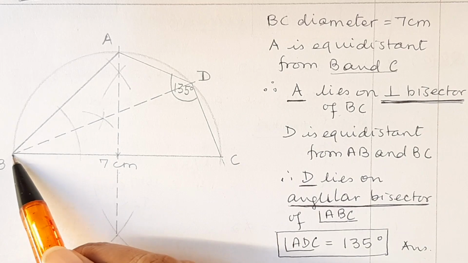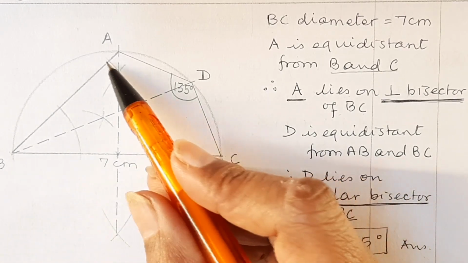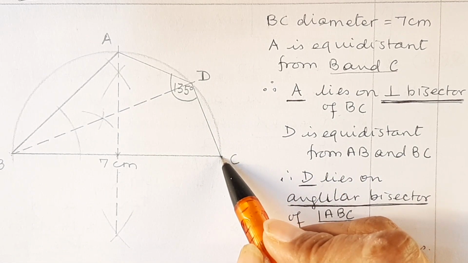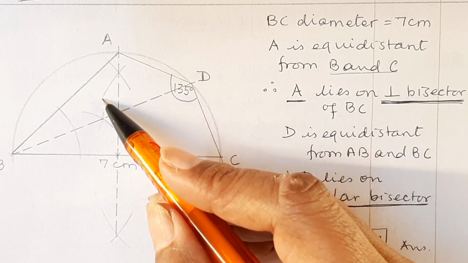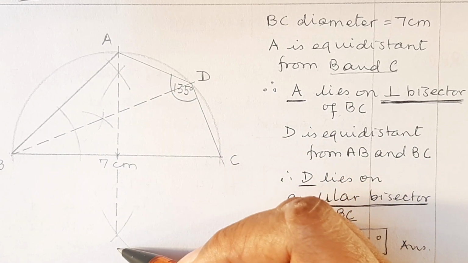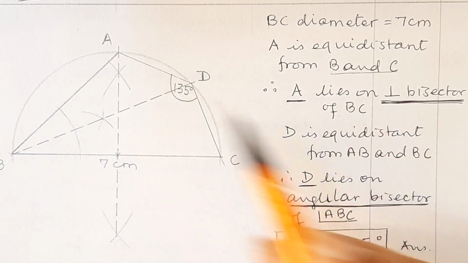So B and C, we take these two points, put the point of the compass, draw this arc here, draw this arc here, keep the same radius and point of compass here, draw this arc, and join this up. And then that gives you the locus of point A.